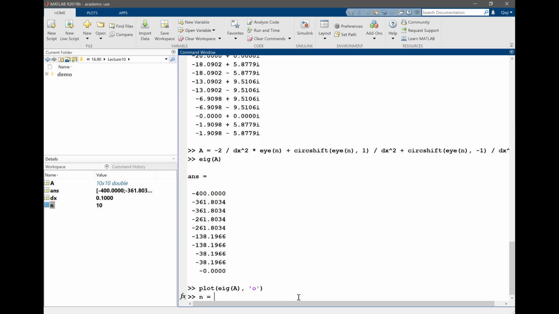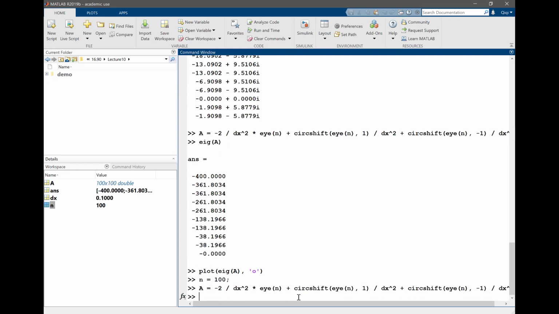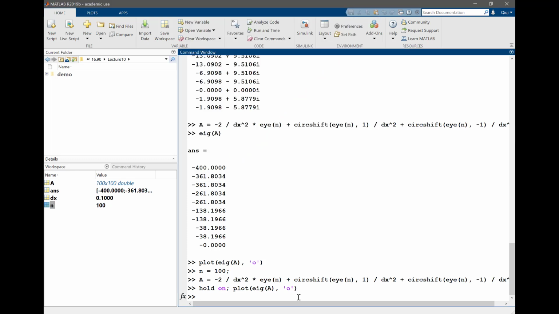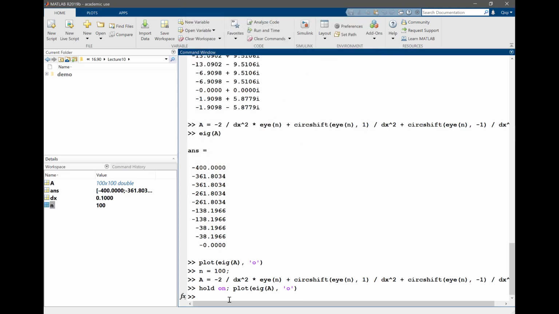Bigger or smaller? Up to you. 100. Okay. Let's plot it again. Oh, hold on. I think I forgot to recompute my delta x.